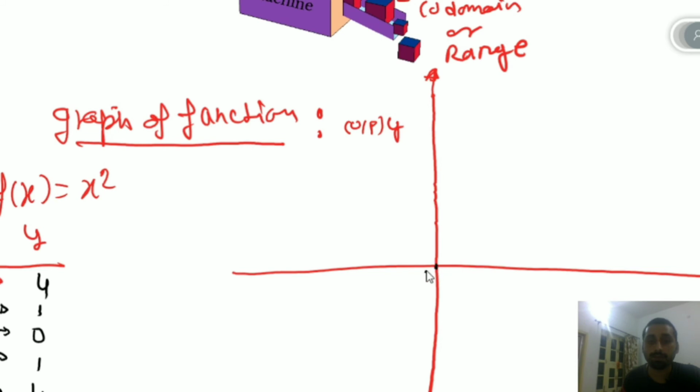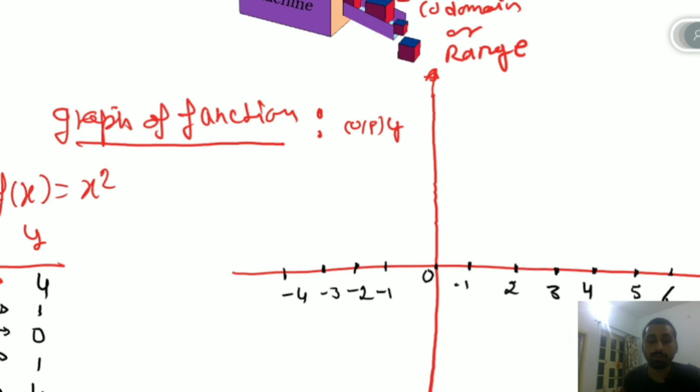Okay, taking the x values as input, this is the value of 0, this is 1, this is 2, this is 3, this is 4, 5. And this is the negative x side: minus 1, minus 2, minus 3, minus 4, and so on. On the left hand side we have the negative values minus 1, minus 2, minus 3 and minus 4.